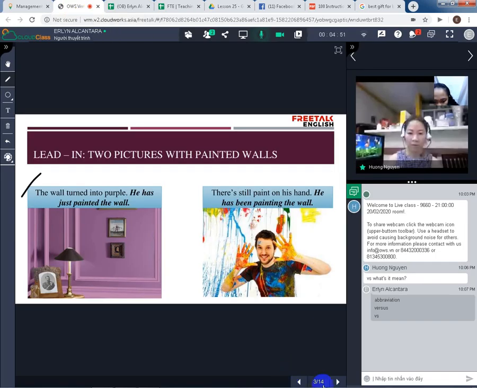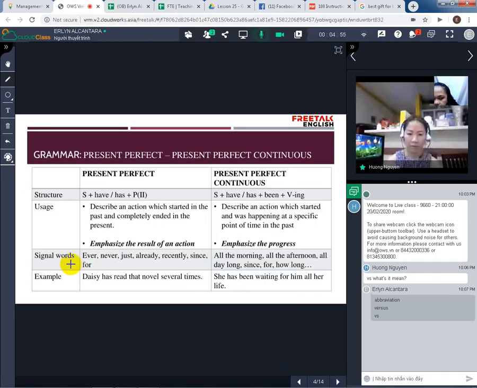Okay, so let's look at this one. Present perfect. We will compare. Let's take a look at the structure. If it's present perfect, our structure is subject plus have or has plus past participle.